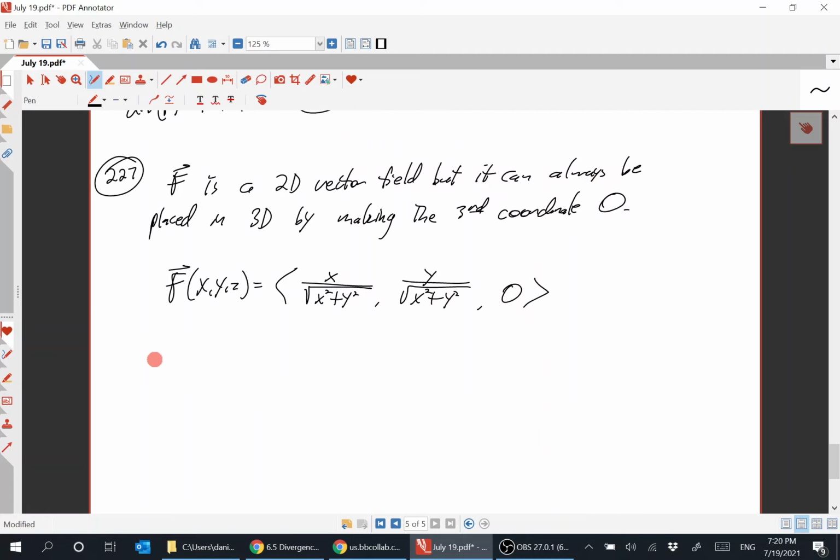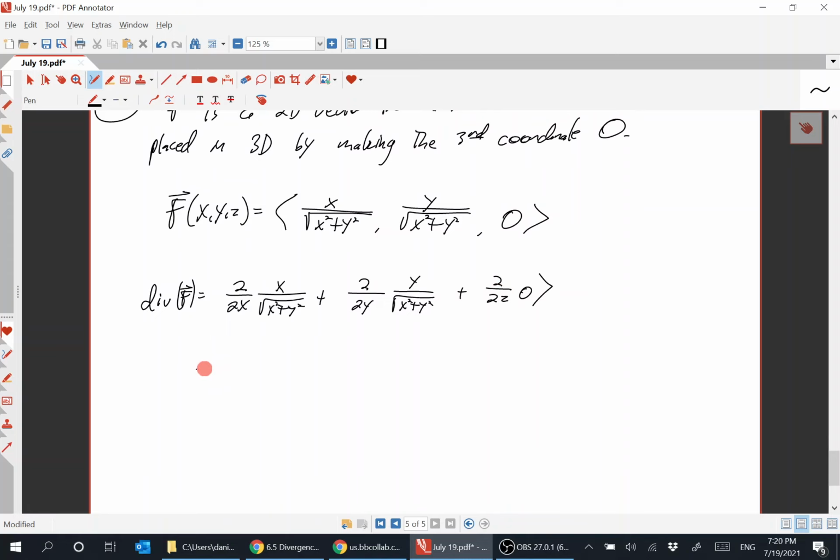So in this case, the divergence of f, well, it's the partial derivative with respect to x of this, plus the partial derivative with respect to y of this, plus the partial derivative with respect to z of 0, which of course is 0.